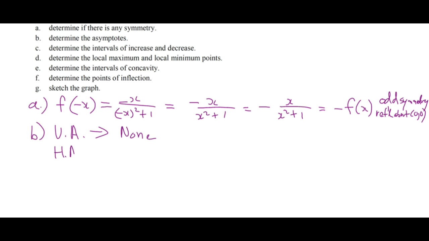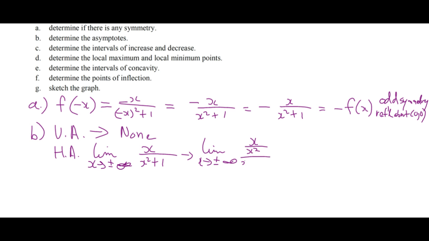Horizontal asymptotes. So we take the limit as x approaches plus or minus infinity of the original function. And we may know what it is, but we should show what it is. So we're going to divide by the highest power of x, right?